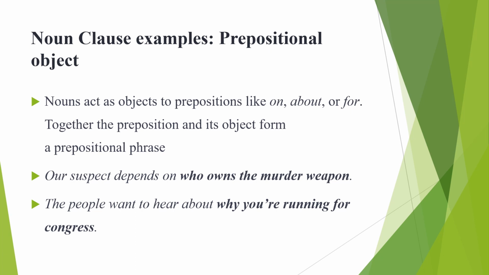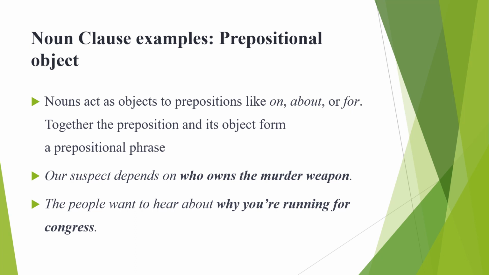Over here, on is a preposition, and this whole clause, who owns the murder weapon, which is a noun clause, is behaving as a prepositional object because on is the preposition and this whole clause is behaving as its object. The people want to hear about why you are running for Congress.